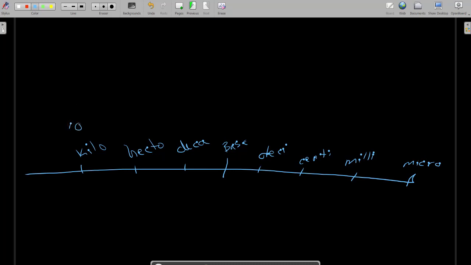So this is 10 to the third power, 10 to the second power, 10 to the first power, base of 1, 10 to the negative 1, 10 to the negative 2, 10 to the negative 3, oh boy, 10 to the negative 6. Please make sure in your notes you are writing 10 to the negative 6.